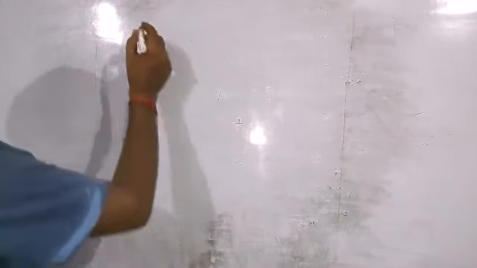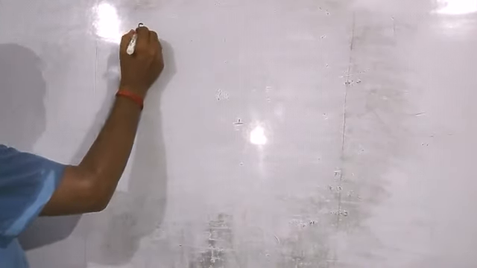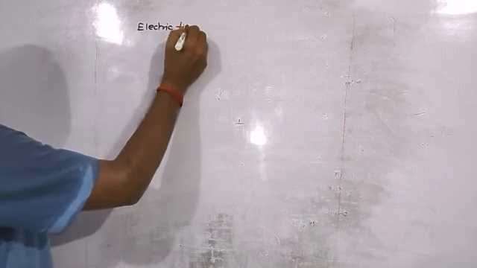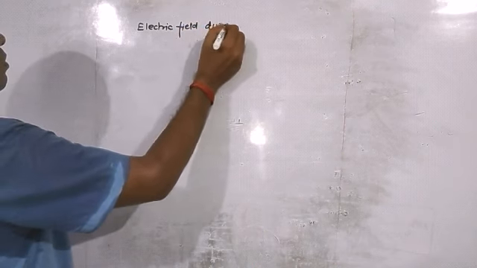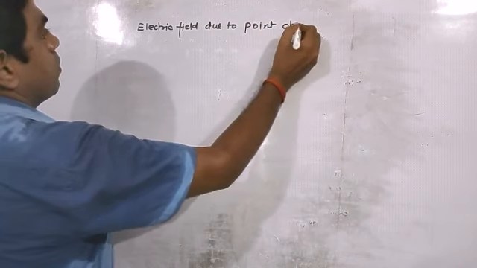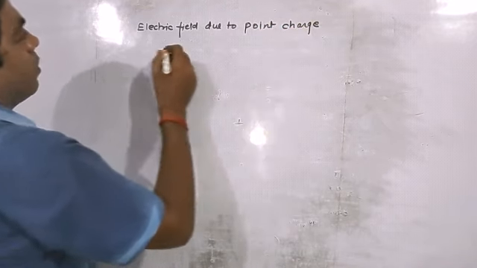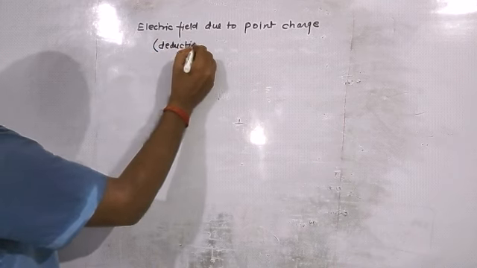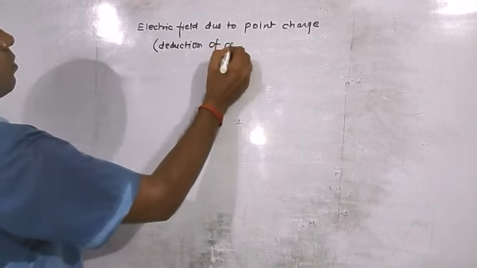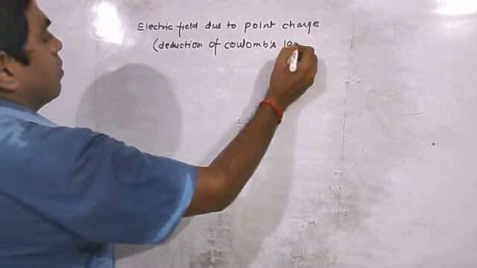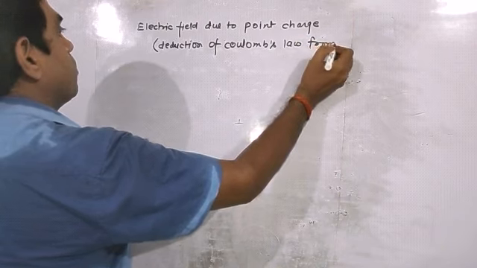Now the next topic in this chapter is electric field due to a point charge. In this we will do the deduction of Coulomb's law from Gauss theorem.